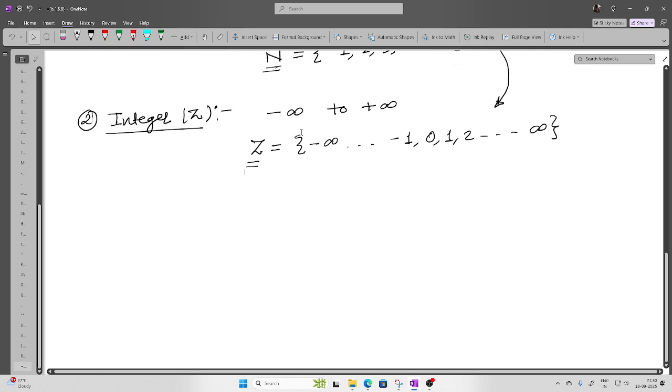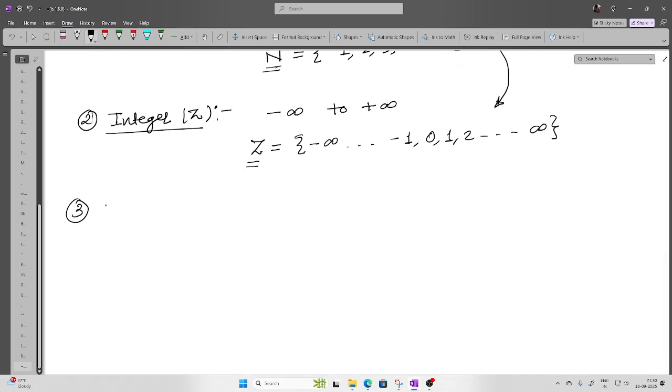Now there's another set known as real number set, or let us talk about rational numbers first. Rational numbers are represented as Q. So what are those? The numbers which can be represented as p by q, where q should not be 0. They are rational numbers.